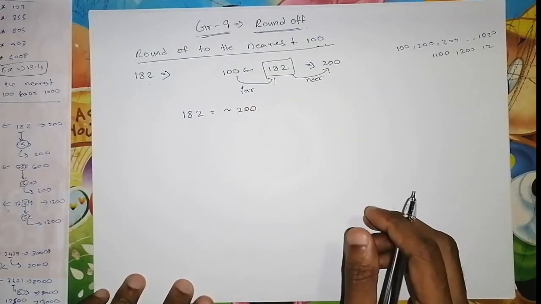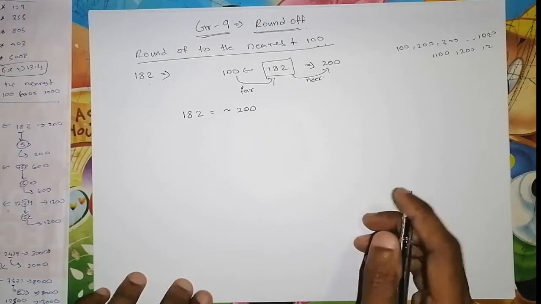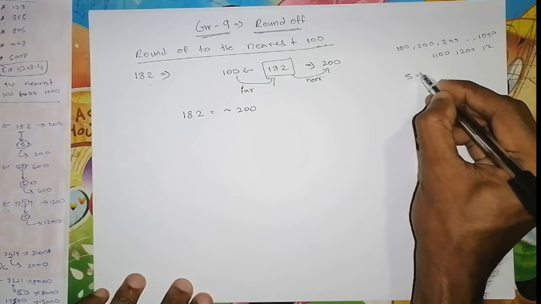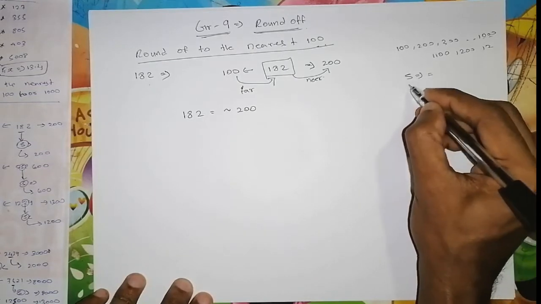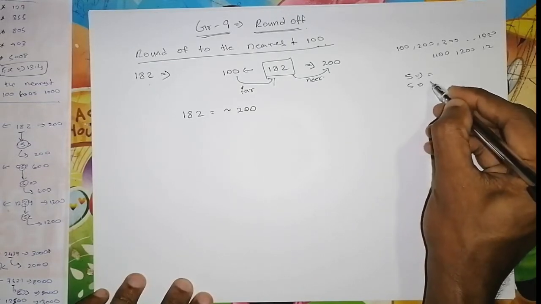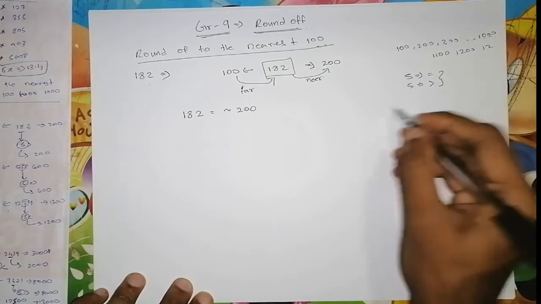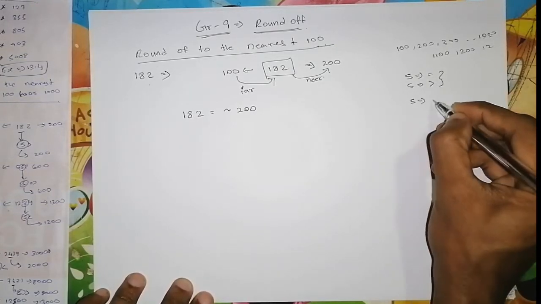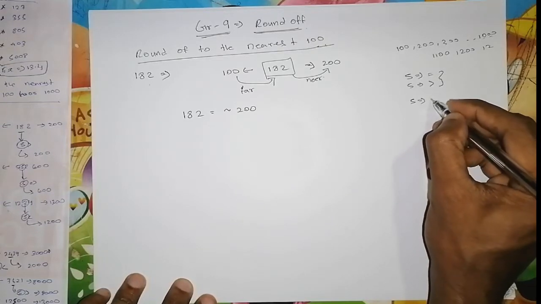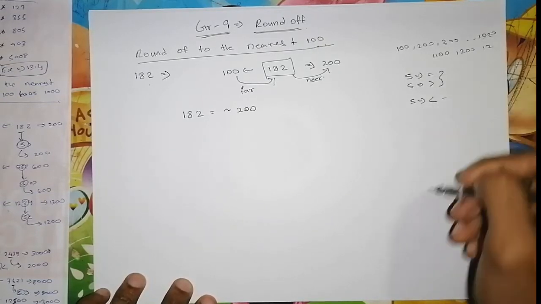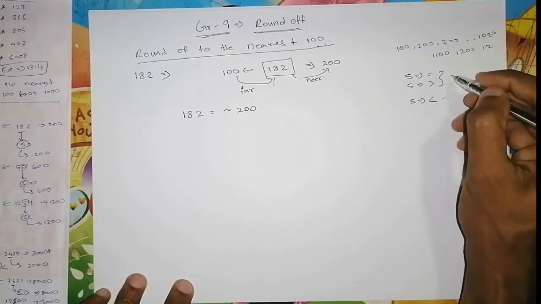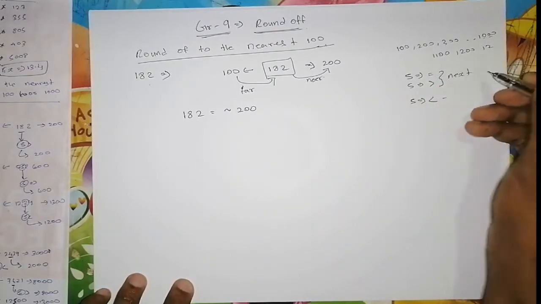In another way, we studied whether the value is equal to 5 or greater than 5, and we take the same action here. If equal to or greater than 5, we take the next value.